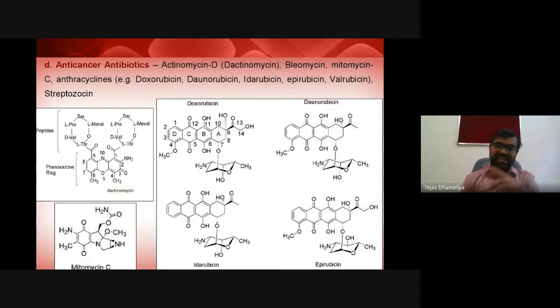That is why antibacterial agent and antibiotic are not different. Antibiotics are generally obtained from microorganisms, from fungal cells, etc. Other substances such as bleomycin, mitomycin C, anthracyclines are the kinds of these antibiotics, and they are obtained from microorganisms, such as actinomycin D, which is obtained from a soil bacterium.